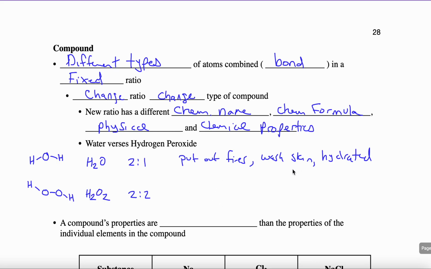You don't want to wash your skin with hydrogen peroxide. So hydrogen peroxide, if you get it on your skin, it's going to irritate your skin at a minimum. And depending on the concentration of it, how long you leave it on, it could create a burning sensation.